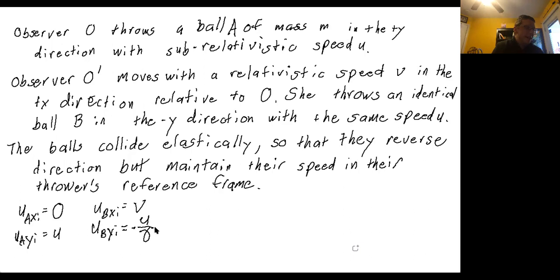So what happens afterwards? Well, because it's a perfectly elastic collision with equal masses, the ball A just comes straight down. So it has no x component, but it has a y component of negative u.